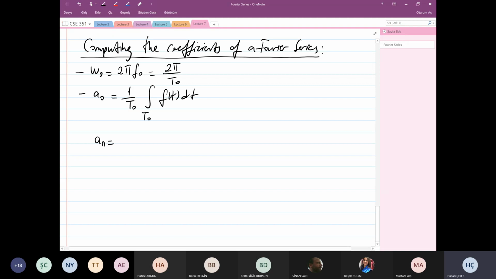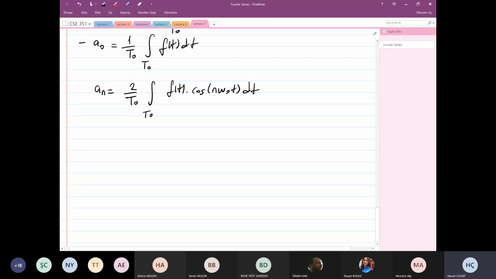Similarly, the other coefficient an is equal to 2 over T0, integration over 1 period of f of t times cosine n omega 0 t dt. This is the equation that we're going to use.